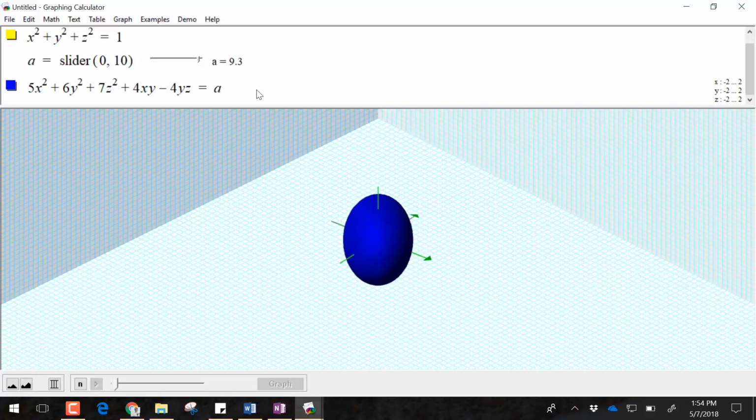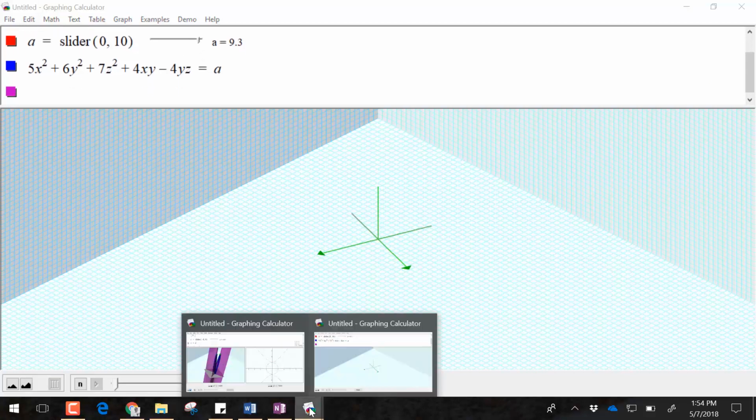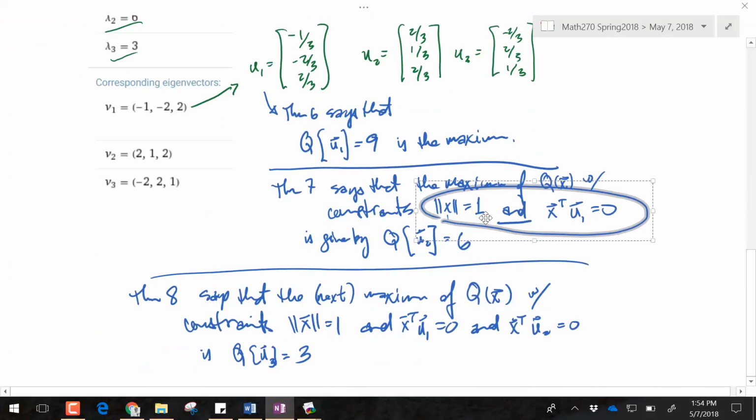But now they added another constraint, right? So let's add another constraint. That other constraint was x of t. How would you write this? X transpose, this x is x y z transpose.